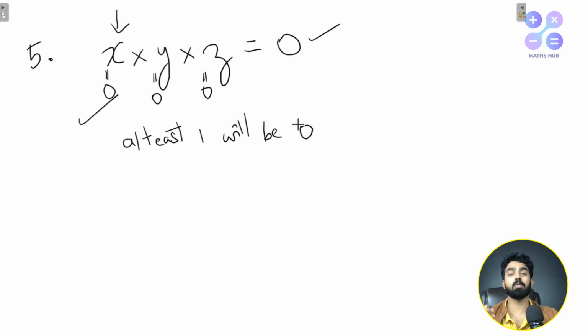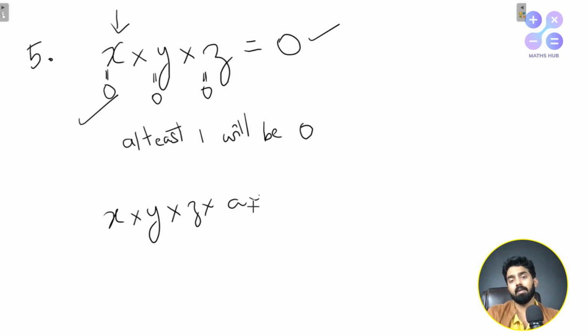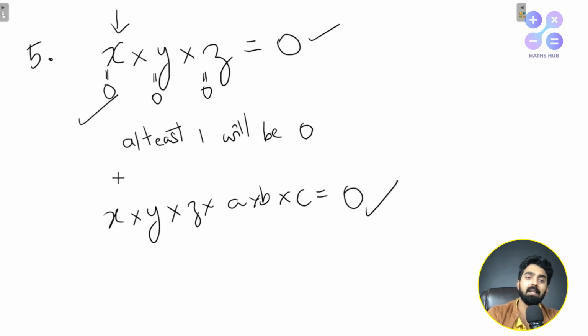And this can be used to solve a lot of problems where you know that the product is 0, and you can equate some of those numbers to 0 and solve the question, right? So whatever number of real numbers you are multiplying, x into y into z into a into b into c, it does not matter. If you know the product is 0, then at least one of them is definitely 0.